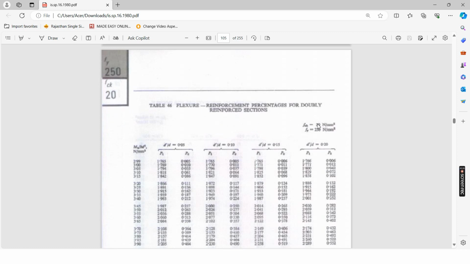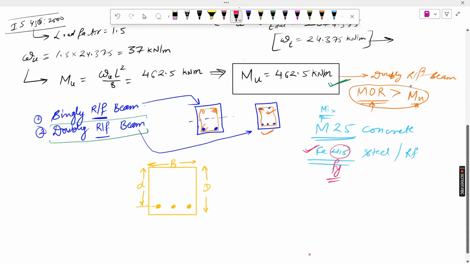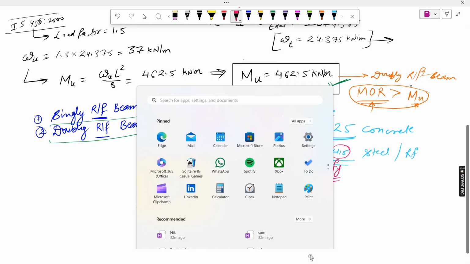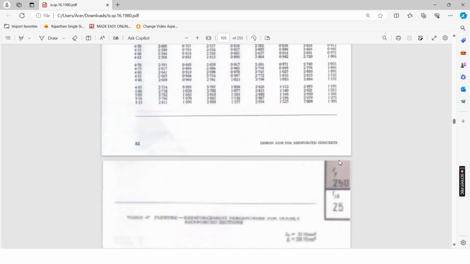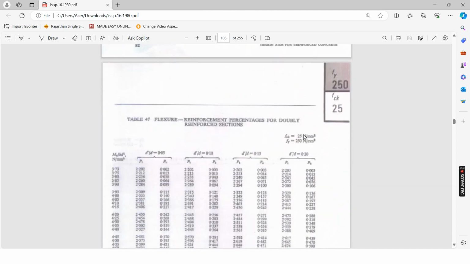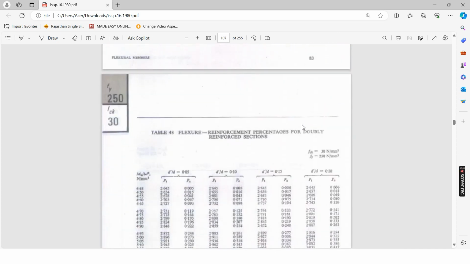So this is for doubly reinforced. If you have fck 20, you have to check this chart, and if fy is 250, then you have to check this chart. You can get this value from the left corner, but in our case we have 25 and 415. Okay, so just remember these things. Now 25 and 415 we have to search. This is for 25 and 250.